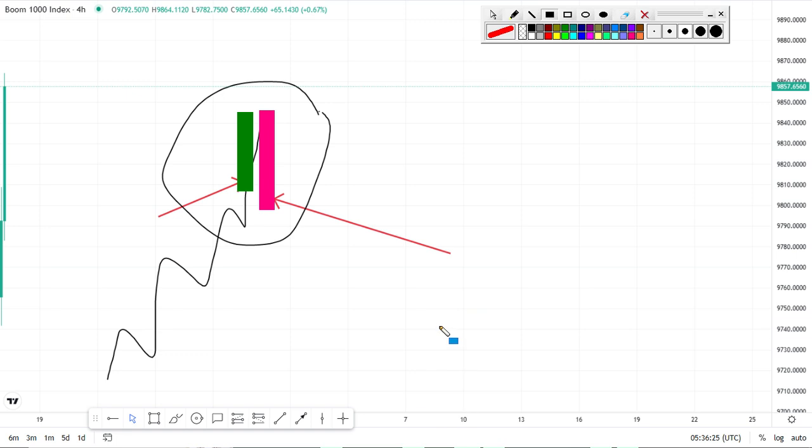So you have this bearish candle this way, and after that we have a bullish candle.